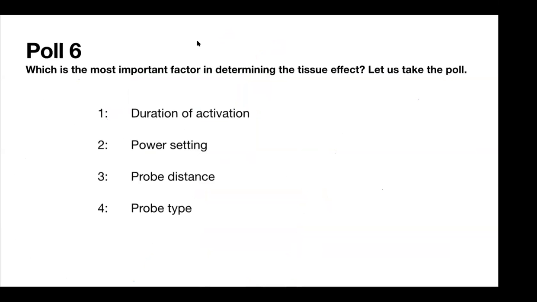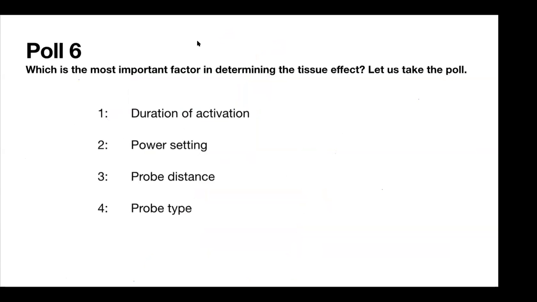Let's take this poll. Selvi, you want to put the poll? Which is the most important factor in determining the tissue effect? Is it the duration of activation, that is, how long do you put your foot on the blue pedal?